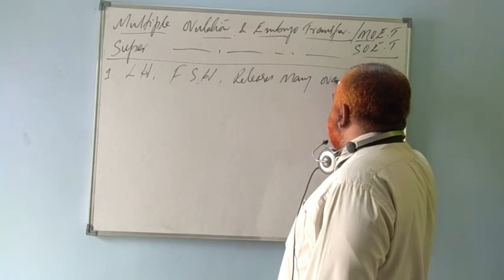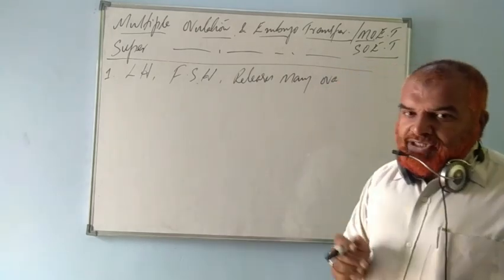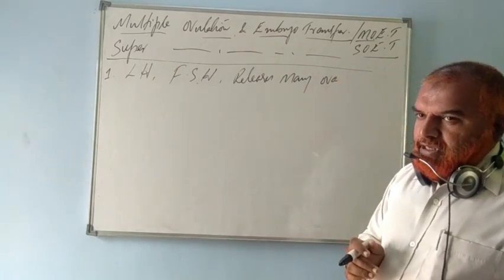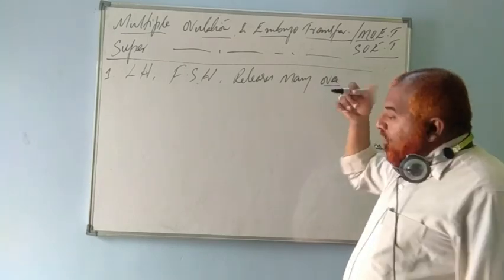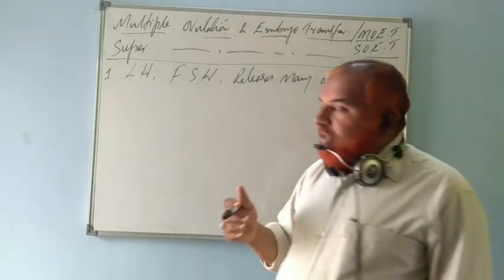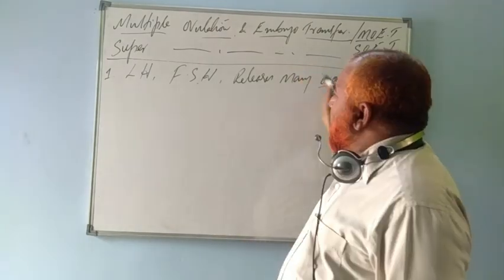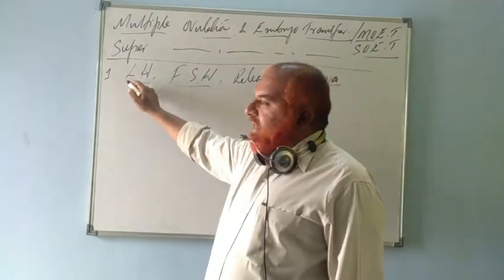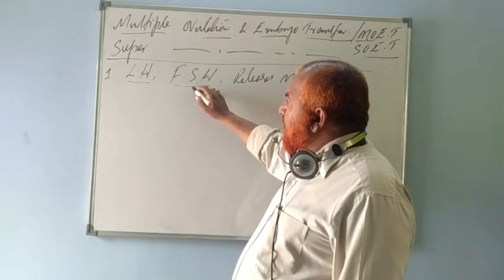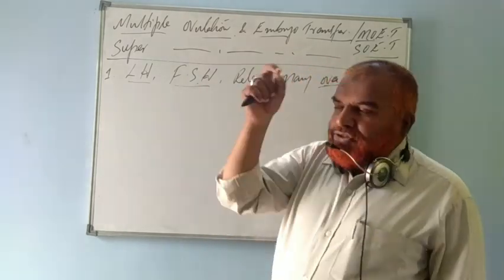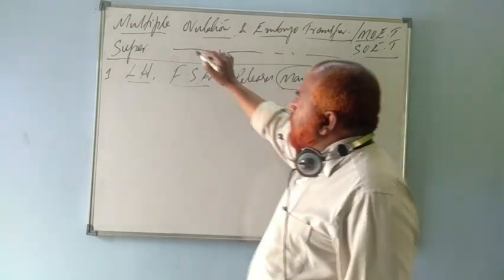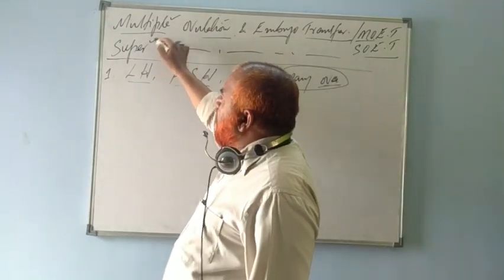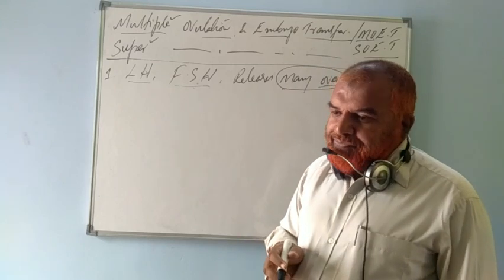Normally, under natural conditions, a single ovum is released, whereas here the animal is made to release more ova by injecting luteinizing hormone and follicle stimulating hormone. Hence, many ova are released. It is known as multiple ovulation or super ovulation.